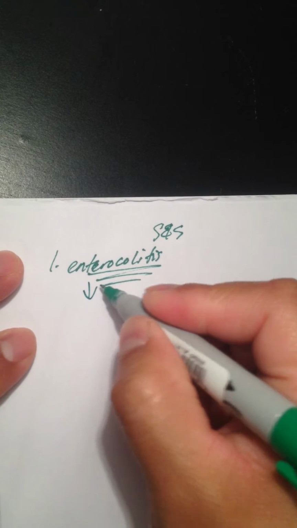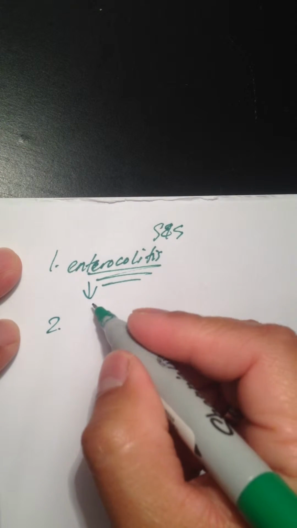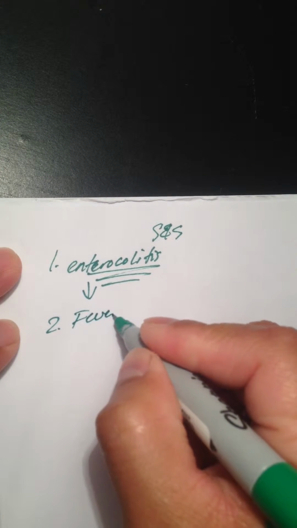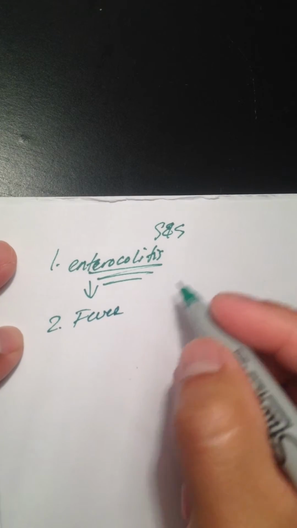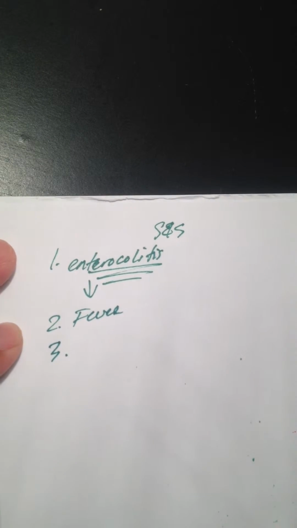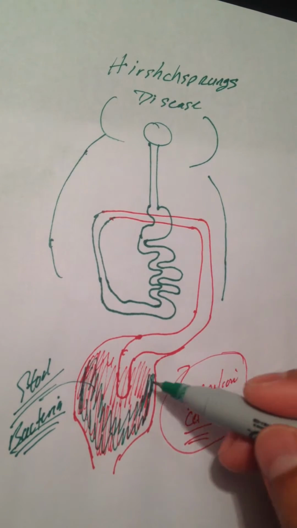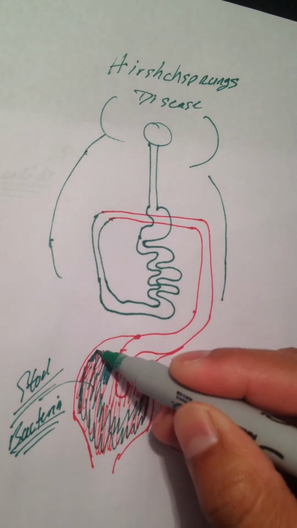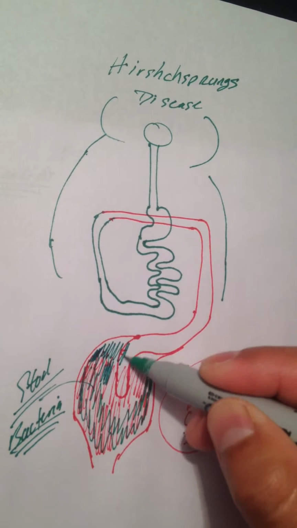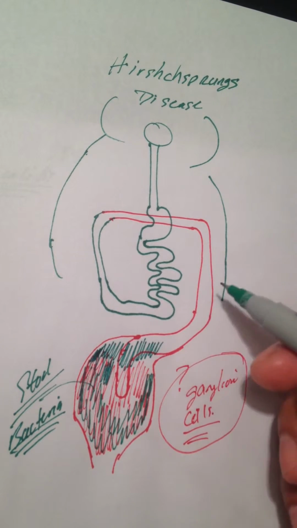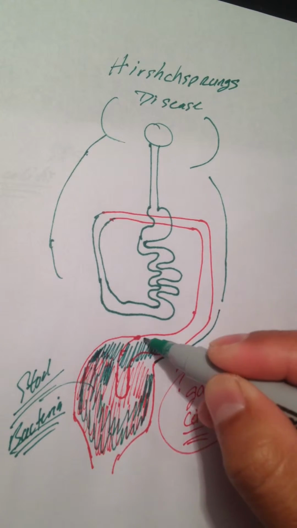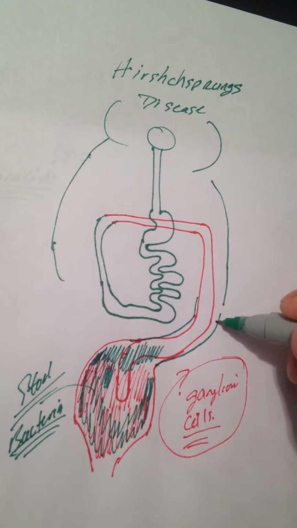As a result of this enterocolitis, patients may also suffer from fever. Okay, we talked about this. Stool is going to remain here. Not only that, but it's actually going to begin to back up. So all this will also expand. It'll distend.